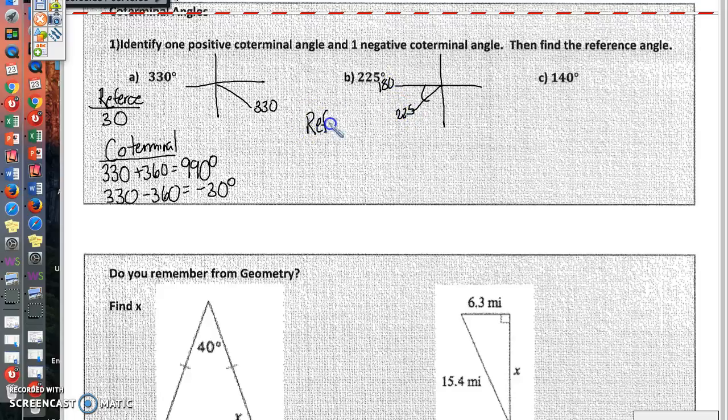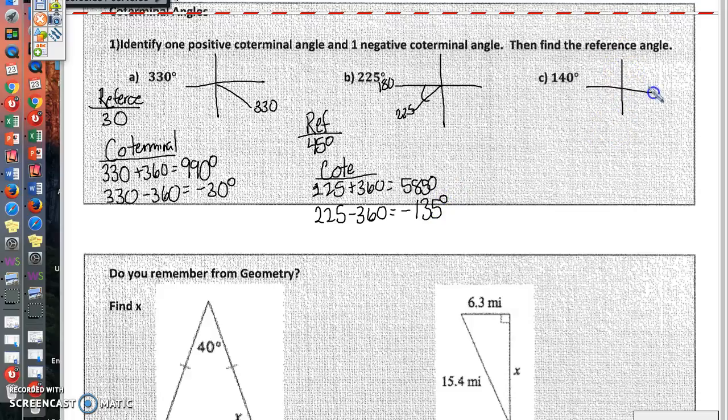Well, our reference would be 45 degrees. And then that coterminal, let's see, we could do 225 plus 360, so we have 585 degrees. And 225 minus 360, would that be negative 135 degrees.